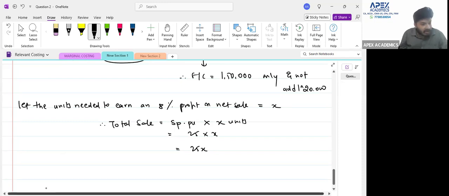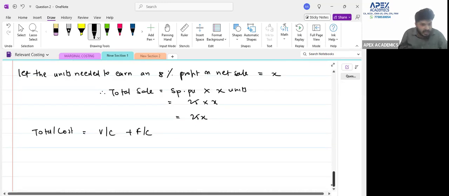Agreed? Now, total cost is equal to variable cost plus fixed cost. Agreed or disagreed?